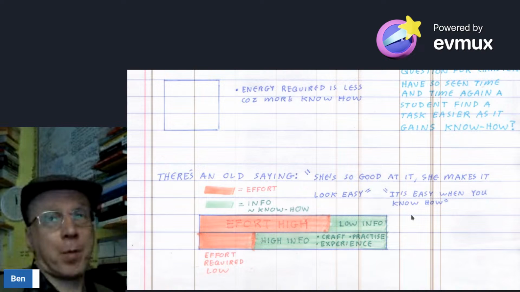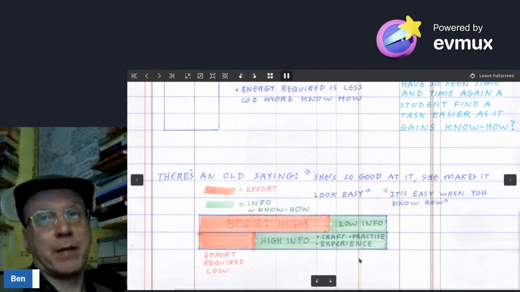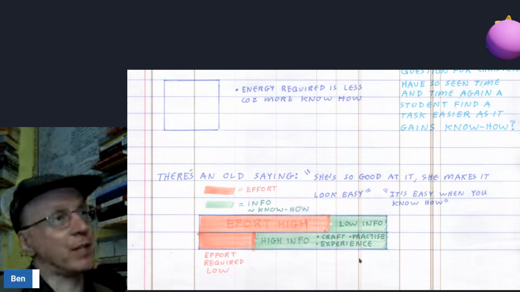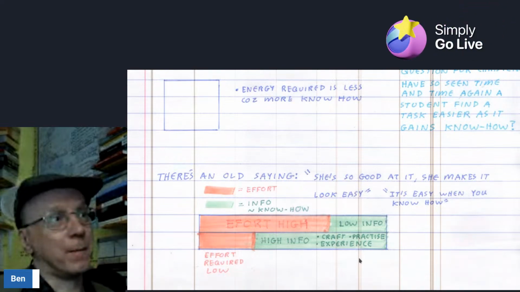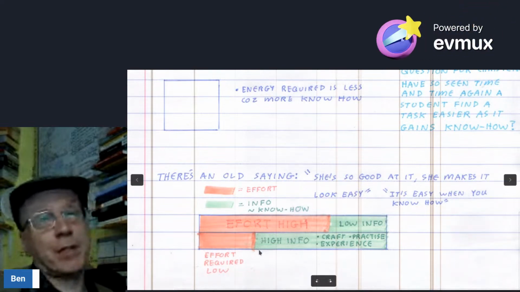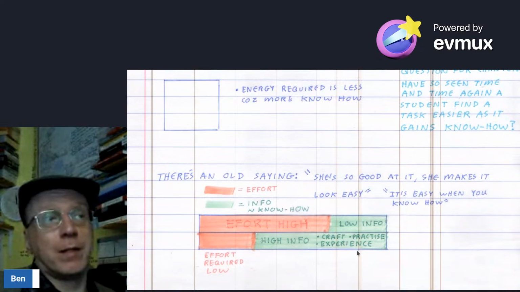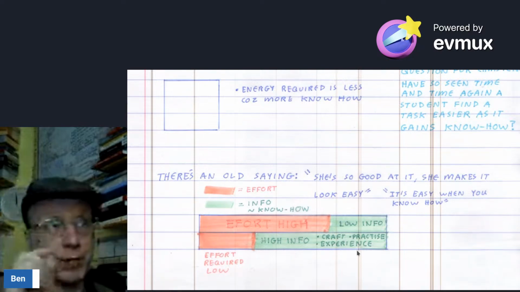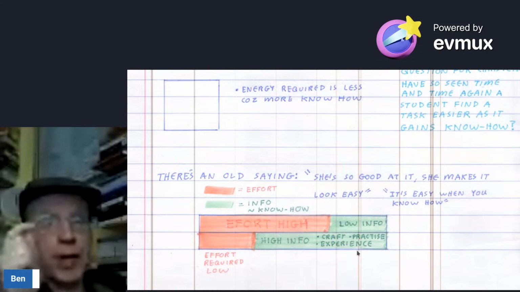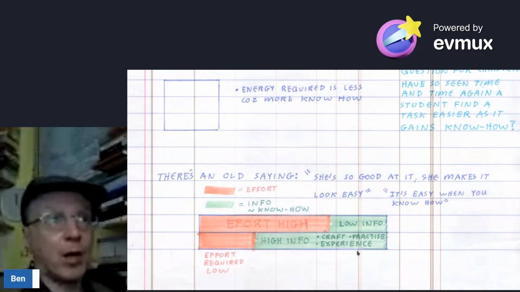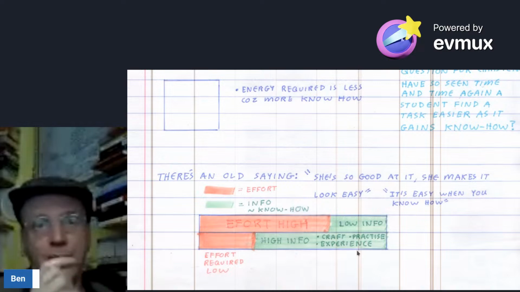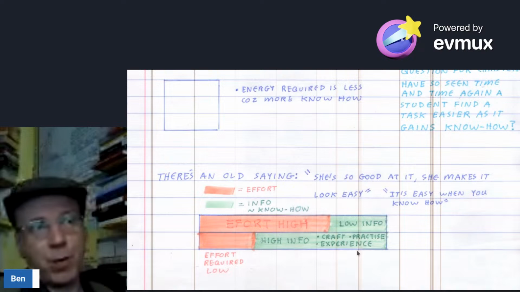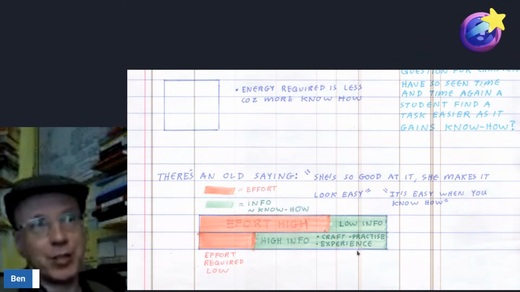But when the information is high, say 5 years later, the same task, and you're teaching somebody else, it can seem a lot easier because the know-how has increased. So there's how much energy you have for a task, and there's how much energy a task requires, but the amount of energy or effort a task requires changes depending on your know-how level.